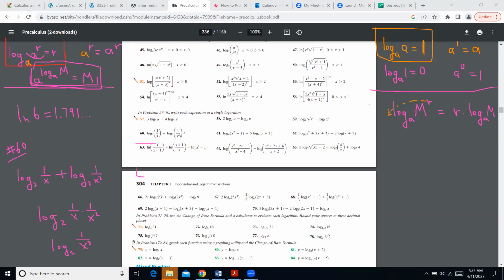This could be nicely visualized when you're looking at an exercise like 57 here, for example, when you are dealing with a 3 logarithm base 5 of letter u.